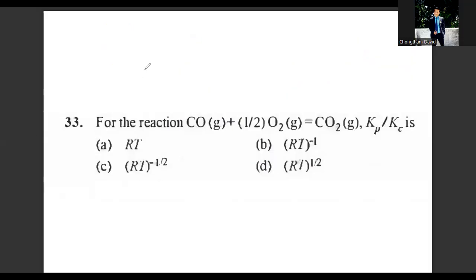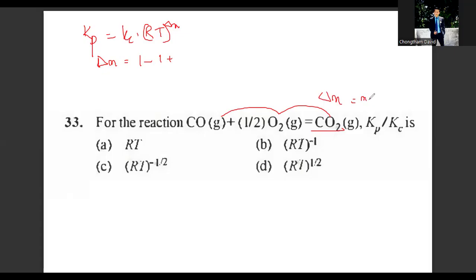33. For the reaction of formation of carbon dioxide, Kp by Kc is. So we have the relation Kp equals Kc RT to the power delta n. So what is this delta n? You have to take the value of product.